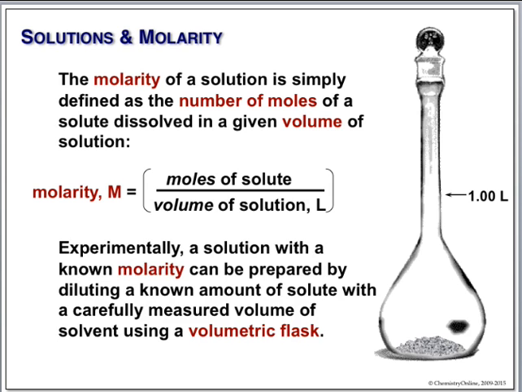Once you get your stuff in there, solid or liquid, then you're going to add water to bring it up to the 1 liter mark. Now you know you had so many moles, that's the stuff you put in, and it's in exactly 1 liter. If we had put 1 mole of stuff in, this would be a 1 molar solution, 1 mole per liter.